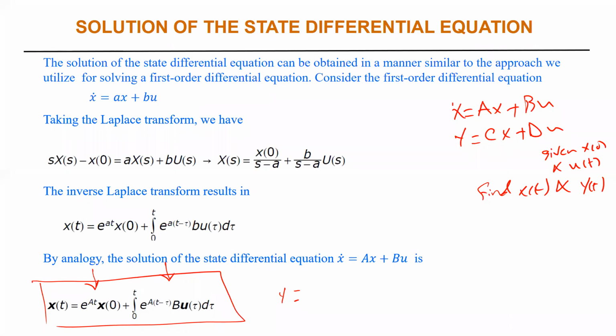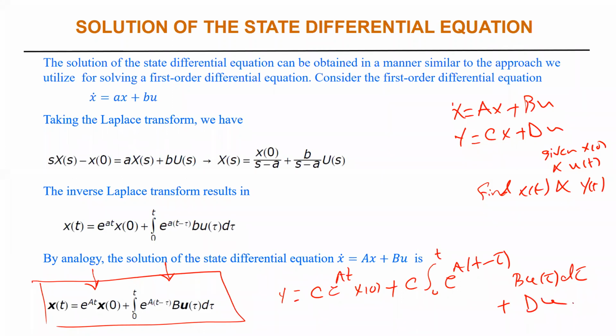You just substitute for x. So y is going to be C e to the At x of 0 plus C integral from 0 to t e to the A(t minus tau) B u of tau d tau plus Du.